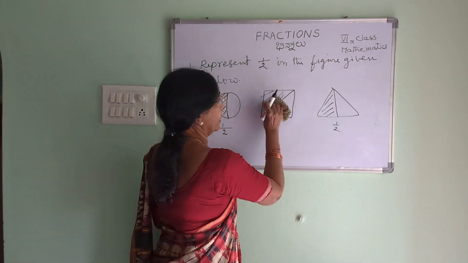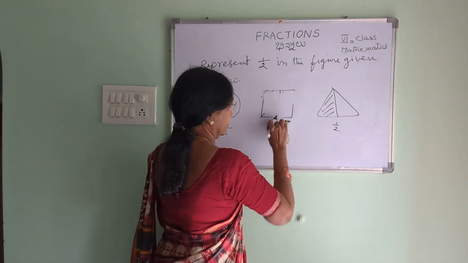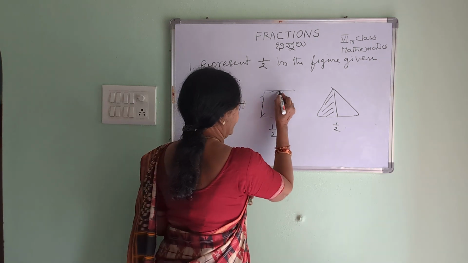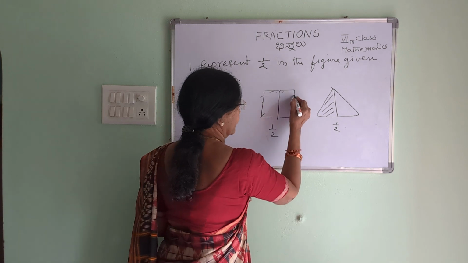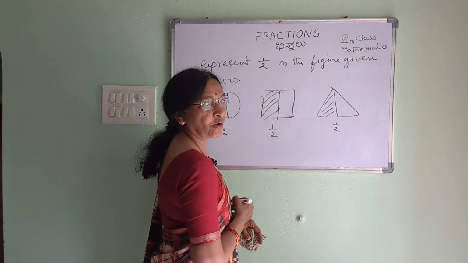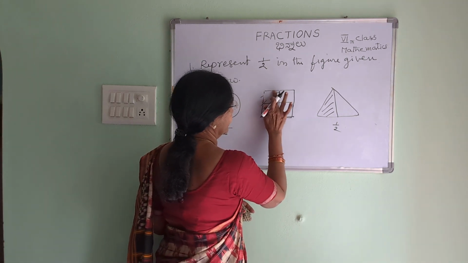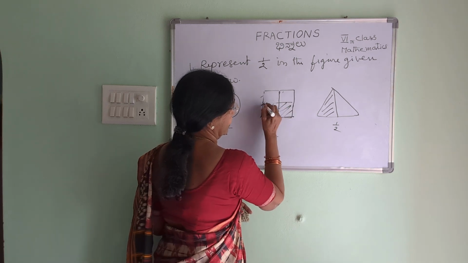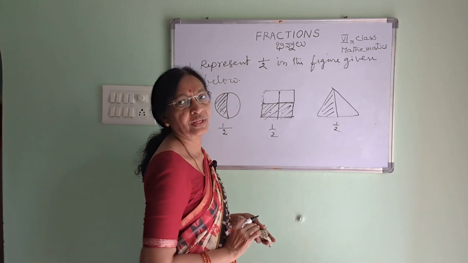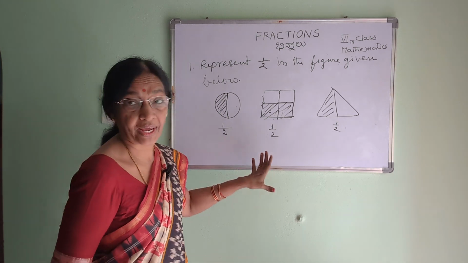Or here we can also show it like this, drawing it in the middle, 2 equal parts. If 1 is shaded, this represents half. Or we can make it like this also, and shade this one. Half of the portion is shaded. Like that we can represent a figure with a fraction.